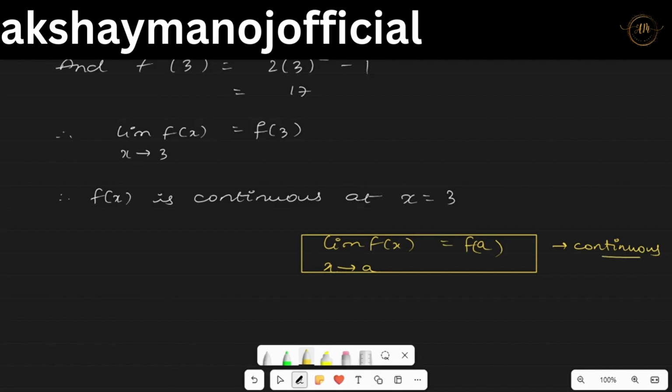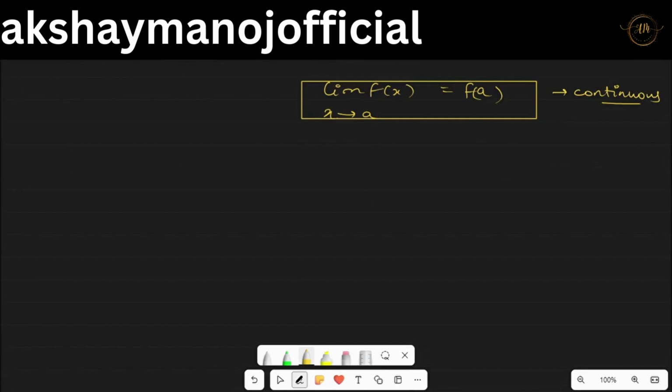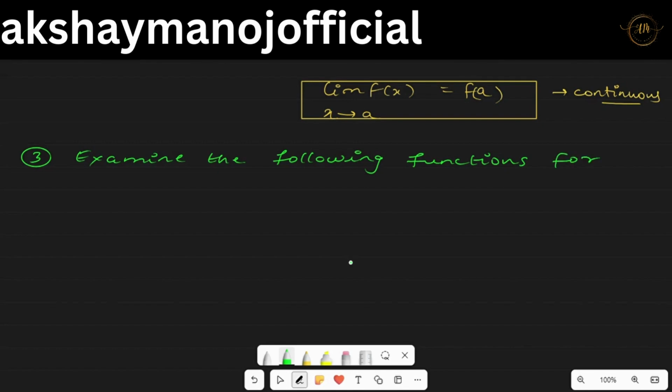Next question. Question number 3. Examine the following function for continuity.